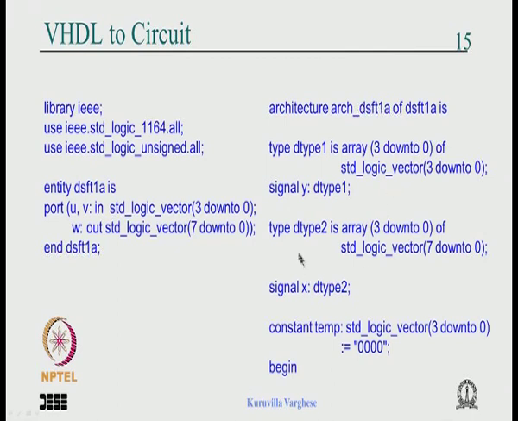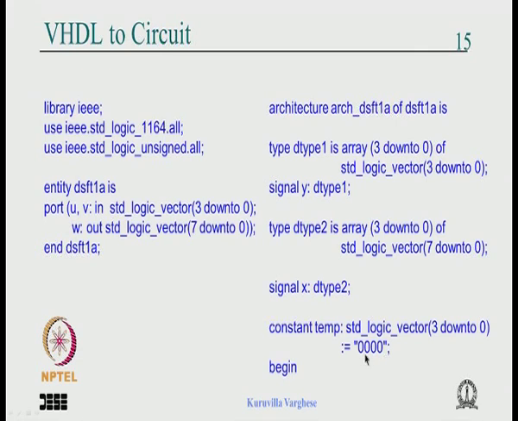Another data type is again 4 locations of 8 bit, and we have declared X as that type. That means X3, X2, X1, X0, each 8 bit. We have also defined a constant for easy coding, maybe for some symmetry we will see in the code, which is temp, a 4 bit vector of all zeros.